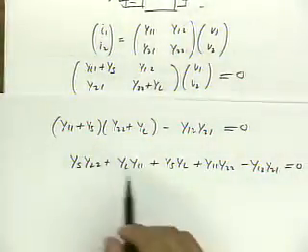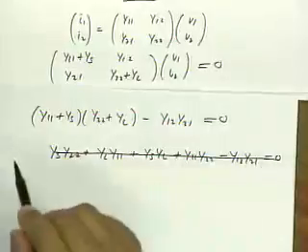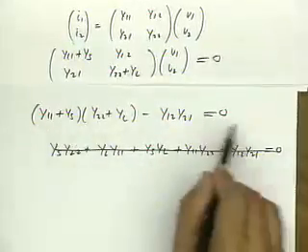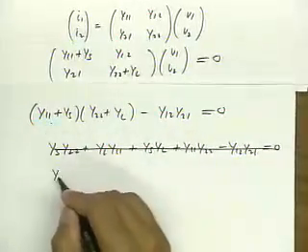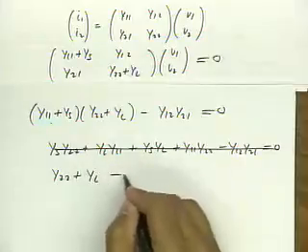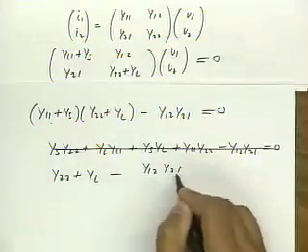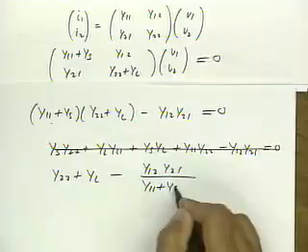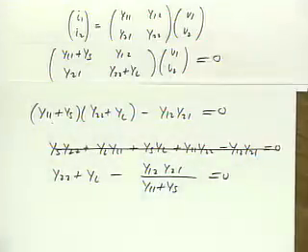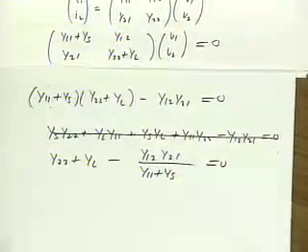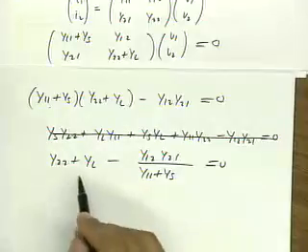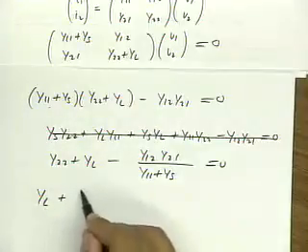And actually, let me do it a different way. This is too complicated. Let me just divide this equation by this term here. So I get Y22 plus YL minus Y12 Y21 over Y11 plus YS equal to 0. That's better, because now you'll recognize the second term here.